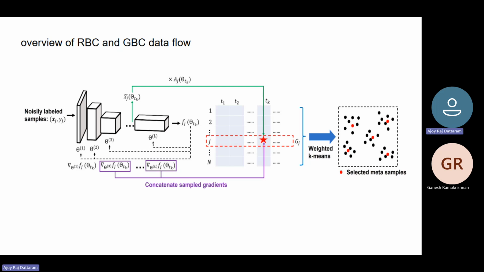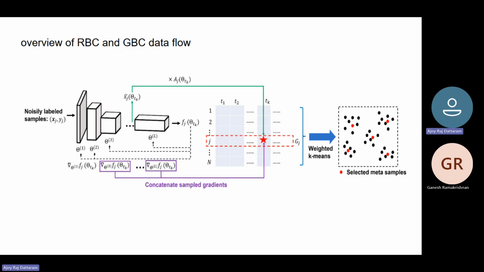These gradients reflect the sample's influence on the model parameter theta over time. Then the gj vectors are processed using weighted k-means clustering, where the weights account for gradient magnitude. Meta samples are selected as the training samples closest to the cluster centroids, ensuring a diverse and representative subset.